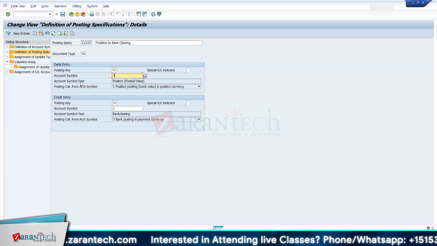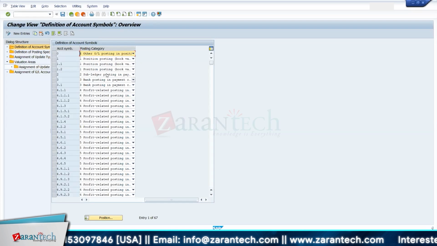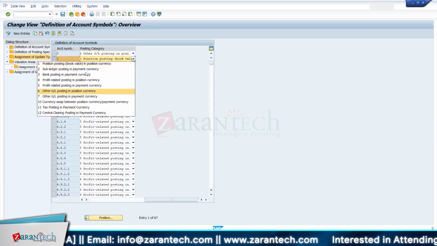The valuation class you use for the purpose of your GL account determination, but actually when you assign the GL account, you assign with reference to 2-3 parameters. The last parameter in the treasury module is called the account symbol. And here if you see the account symbol, it is used for the type of GL. One is, you can see here, this is the position. This I will explain later.